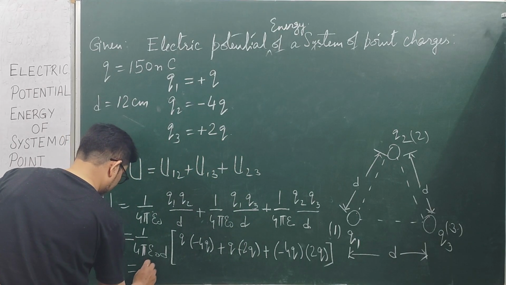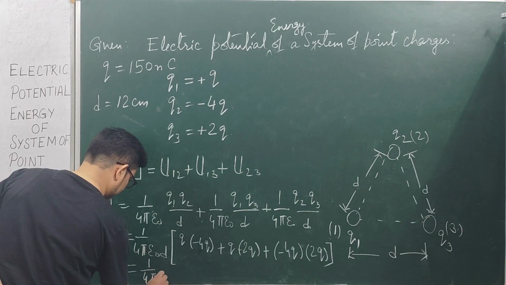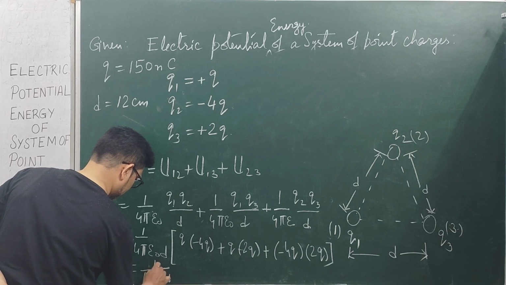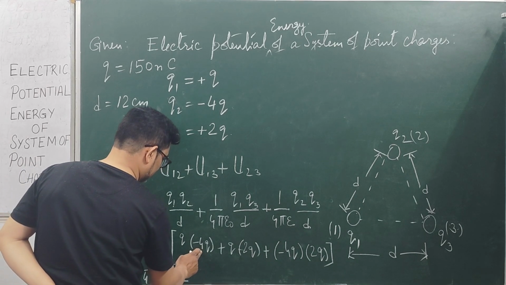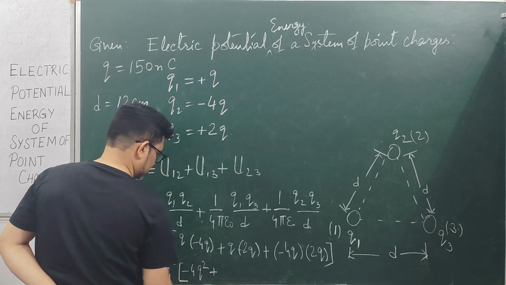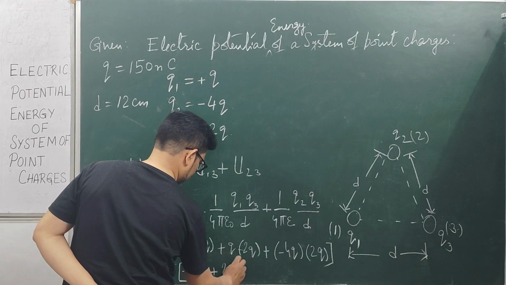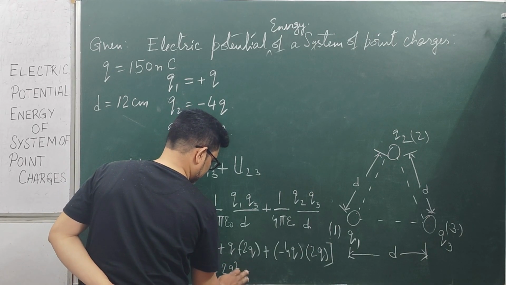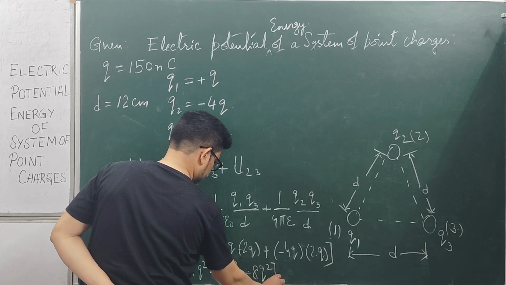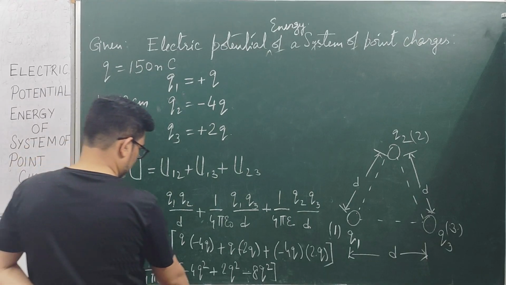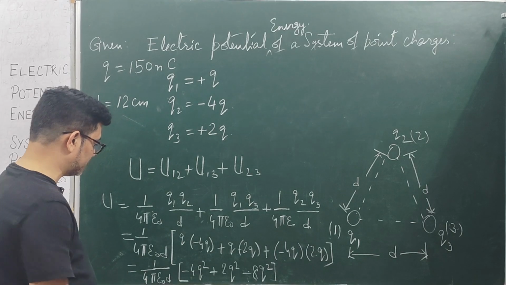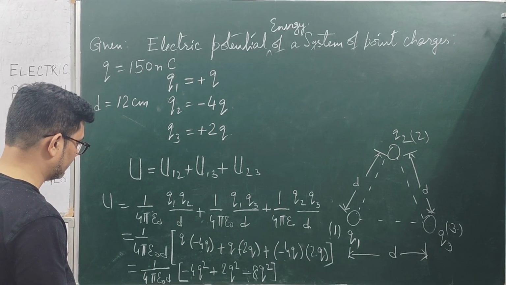So we are getting 1 over 4 pi epsilon naught, in the denominator also we have D, and in the bracket this comes out to be minus 4Q square plus 2Q square plus minus 8Q square. Minus 4Q square minus 8Q square is minus 12Q square, and then we have here plus 2Q square.